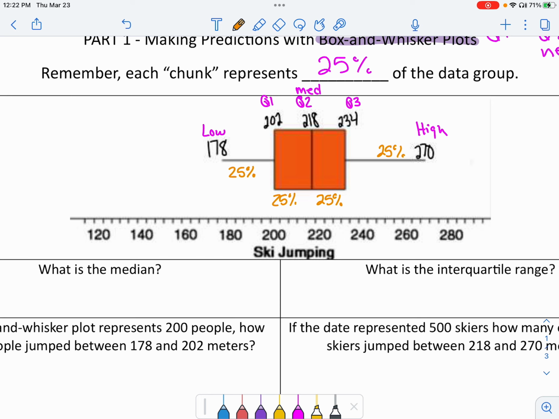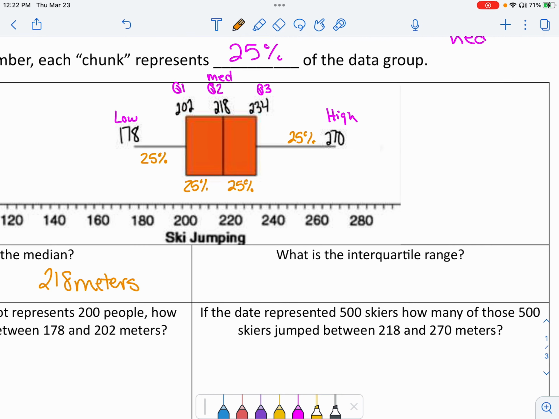All right, so the first question, let's read this. What is the median? Hopefully you can remember the median is the middle of your box and whisker, so it's 218, and this is probably measured in meters since we are jumping, and the Olympics usually use meters. What is the interquartile range? Please remember, the interquartile range is Q3 minus Q1. I guarantee you those Keystones are going to have a question about it.